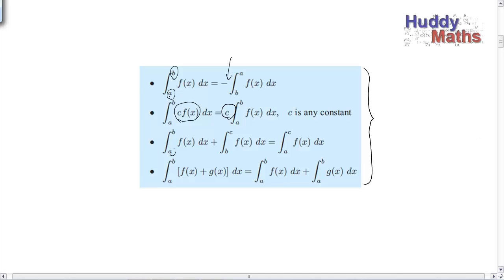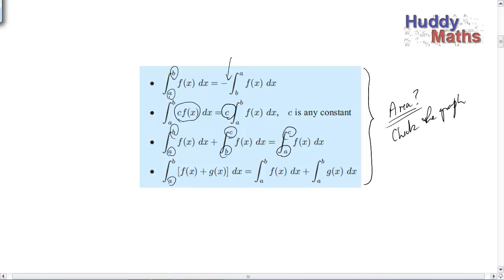And if you're integrating from A to B of a function and then from B to C of the function, you can just integrate from A to C. You don't have to split it into two. Just remember, we are not saying necessarily that these mean the area anymore. We've got to check the graph. But we might not be asked about area, in which case we'll just work out the number.